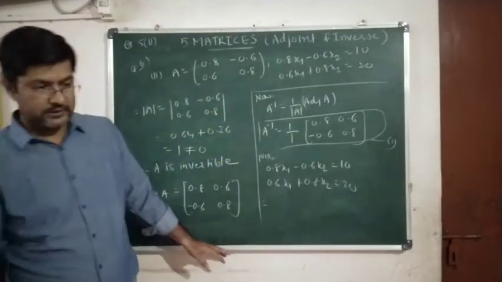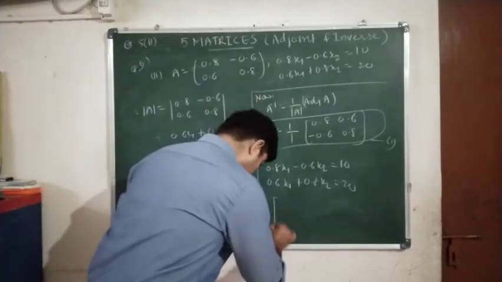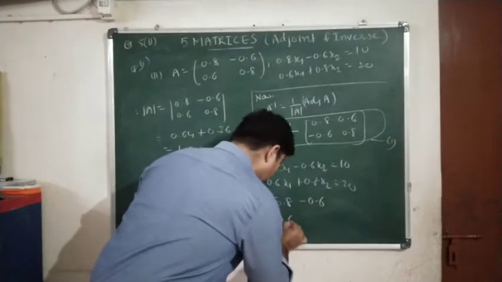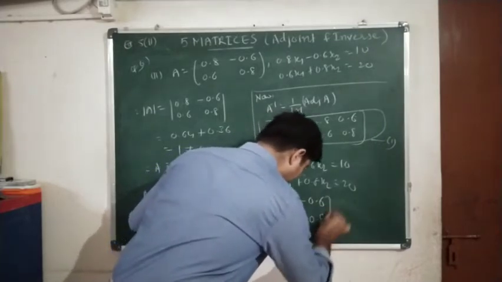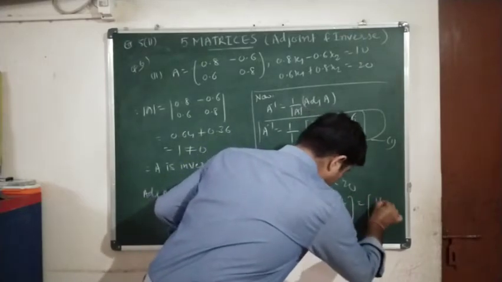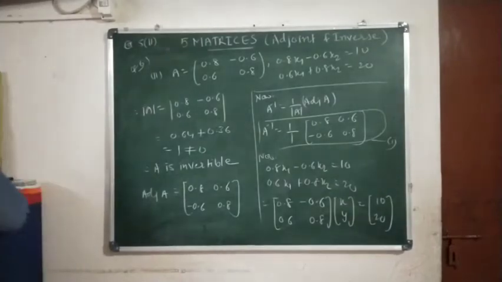Now this system of equations can be expressed as a matrix equation in this way: [0.8, -0.6; 0.6, 0.8] times the column matrix of x equals the column matrix of 10, 20. Clear?